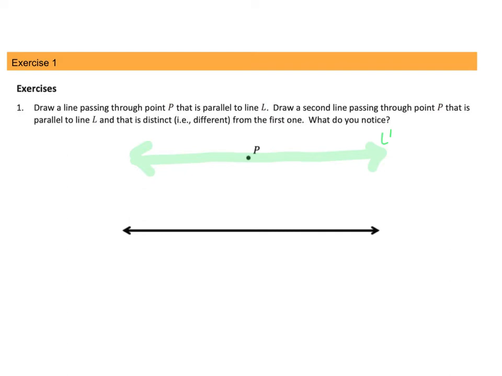Well, we notice that these lines are parallel. This little sign right here that I just drew, these two slanted lines, that's mathematical shorthand for parallel lines. They're at the same slant, maybe. They're not different in many ways, they're just in a different position. Okay, so these lines are parallel. Let's move on.